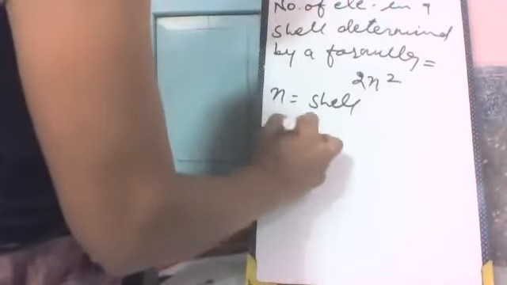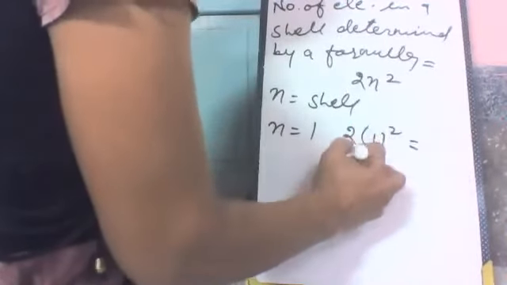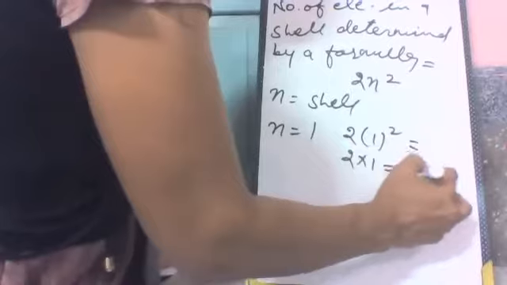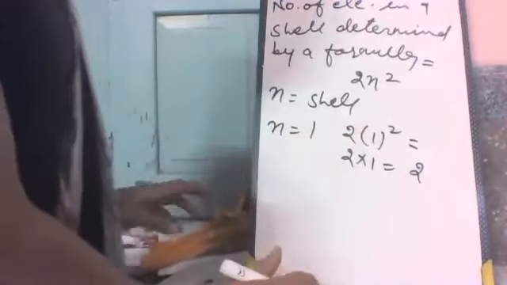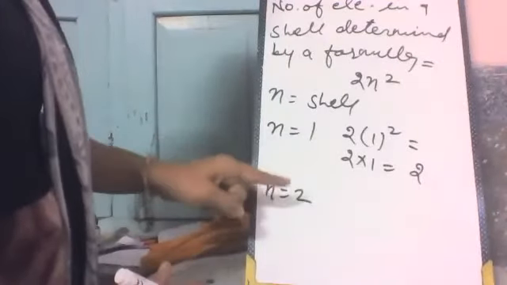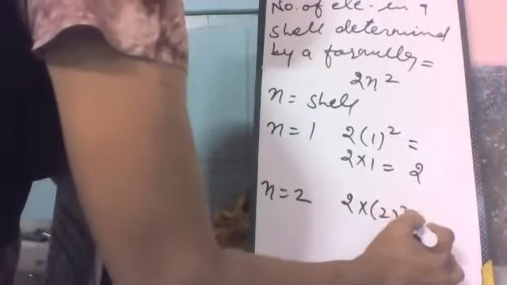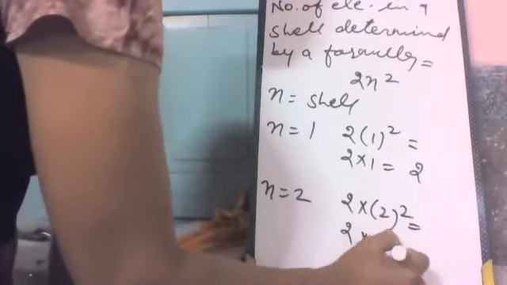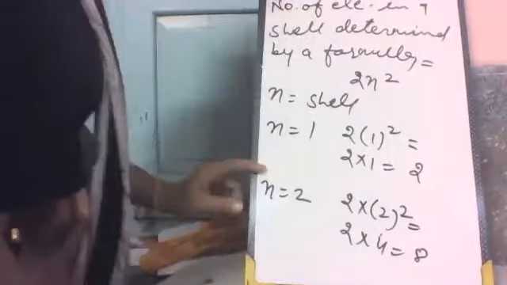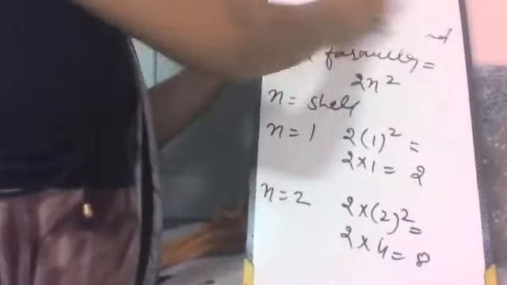If n equals 1, meaning the first shell, then 2 times 1 squared is 2, so the first shell contains only 2 electrons. If n equals 2, the second orbit, then 2 times 2 squared equals 8. The second shell can hold a maximum of 8 electrons in its orbit.